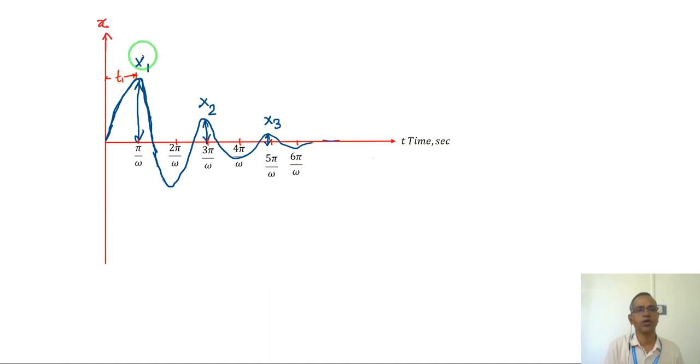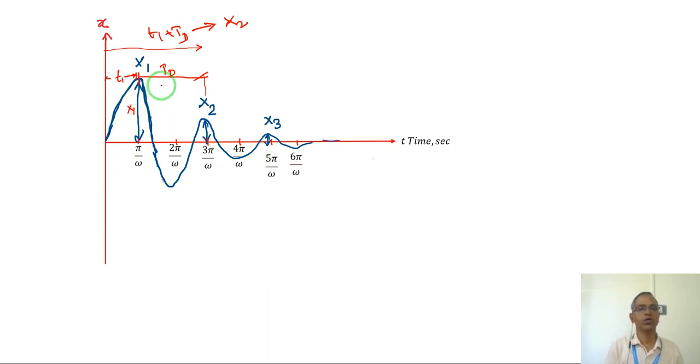My amplitude of vibration is x1. Then from this point to this point, I have a complete period Td. So the total time for the second peak is t1 plus Td. At t1 plus Td, I have an amplitude of x2, and at t1, I have an amplitude of x1.